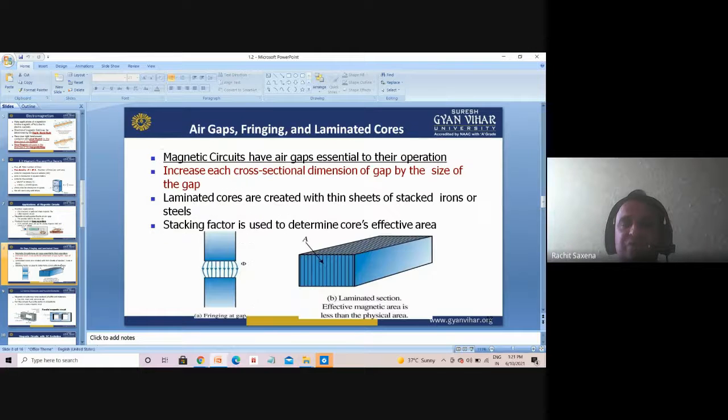Now moving forward, here it is air gaps, fringing and laminated cores. One thing is that magnetic circuits have air gaps essential to their operation. If we have a magnetic gap, or air gap, we can do work easily. Why is it so? In a motor or generator we have a rotating part.